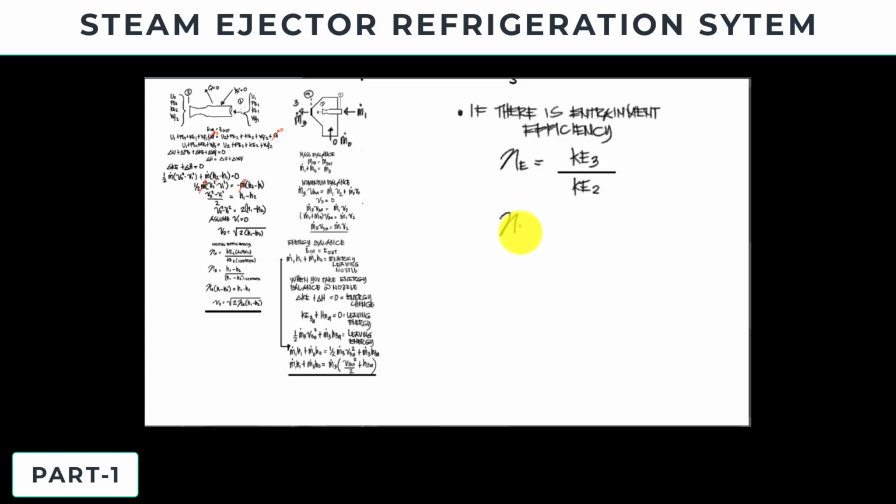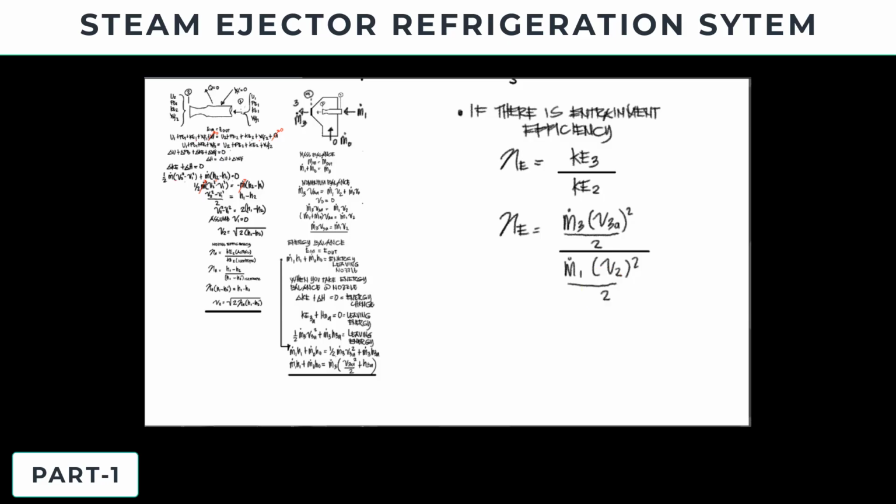We can expand the equation: the kinetic energy 3 will be the mass flow rate 3 times the velocity 3A squared, divided by 2, all over the mass flow rate 1 times the velocity 2 squared, all over 2.